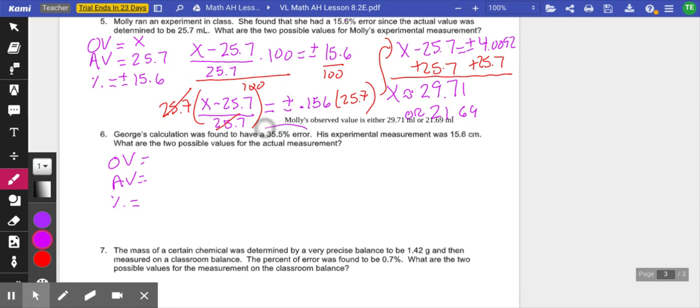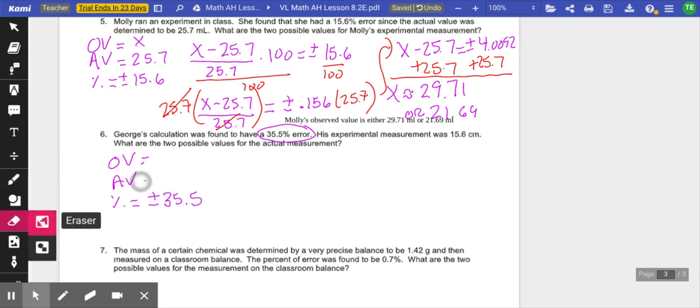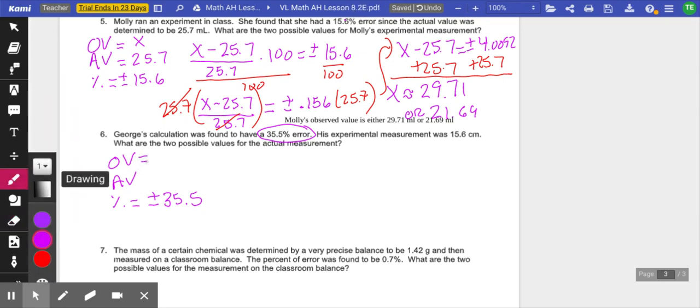Okay, we have the error, but we don't know if we're low or high. So we have plus or minus 35.5. Okay, his experimental measurement. Experimental is the observed, so 15.6. And this time we're looking for the accepted, so here we put the x on this one.